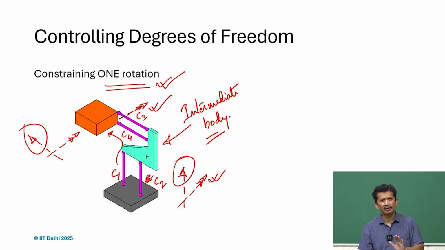It can translate up and down, and in the other direction, since it is a thinner structure, so it can move easily. So, what we realize is that in this case we will have only one constraint, and that is one rotation.